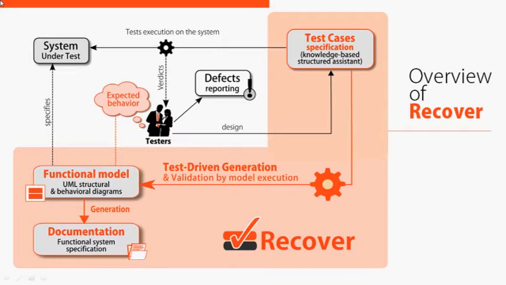Then by using these test cases, we evolve a functional model, maybe empty at the beginning, and the engine that simulates the execution of these test cases in the functional model helps us to evolve the model in order to include all the knowledge required by test cases, that at the end is a representation of the behavior of the system acquired by testers. And when we have a functional model that is aligned with the test cases in any moment, then we can click a button and obtain a deliverable documentation of the system.